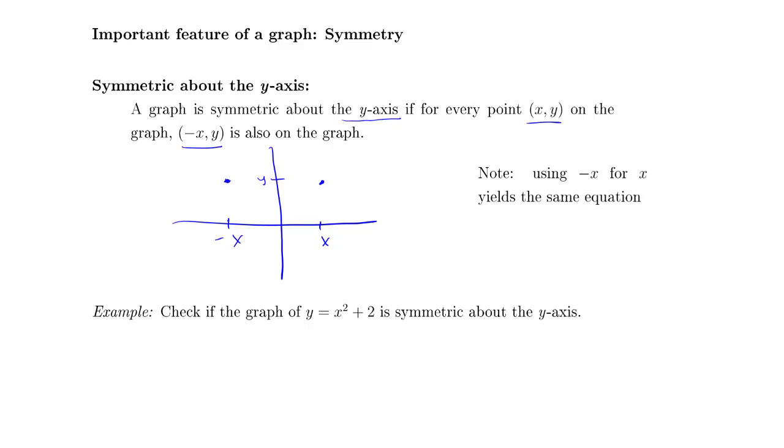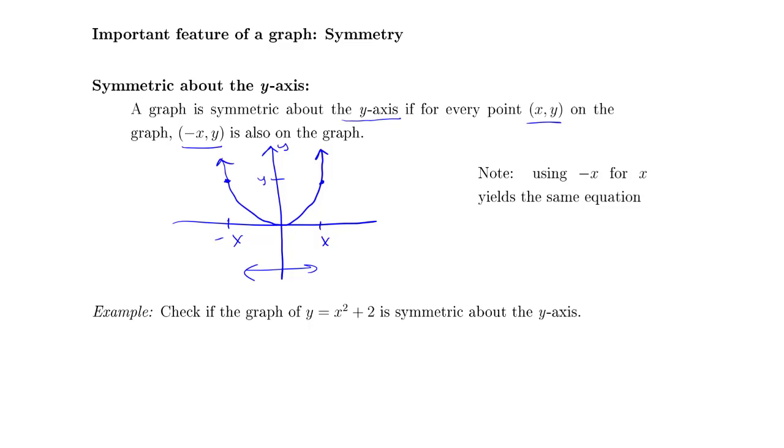This would be a graph which was symmetric about the y-axis. In other words, it's a reflection over the y-axis. It looks the same when you flip it over the y-axis, right?